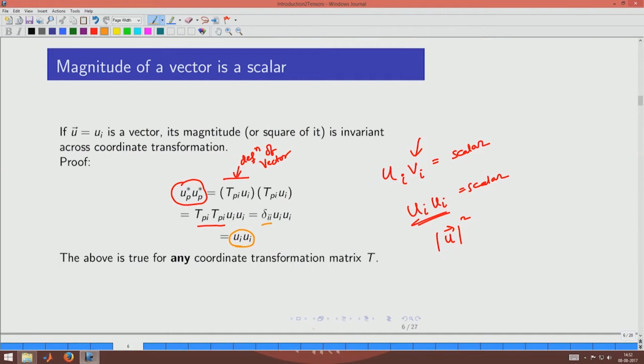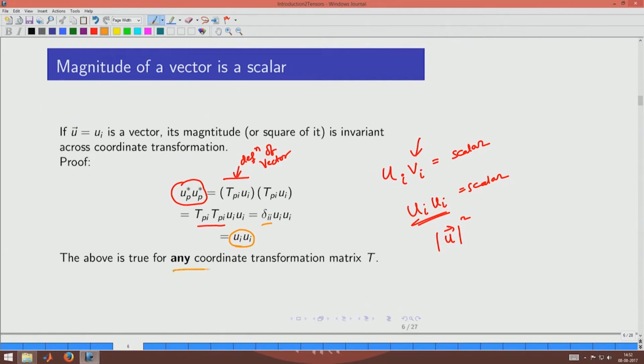There is no trace of any transformation matrix elements sticking around, which means that irrespective of whatever transformation we are talking about, for any arbitrary transformation of the coordinate system, the dot product of the vector with itself, namely the magnitude of the vector, is going to be invariant across the coordinate transformation, which means that it is a scalar. Okay.